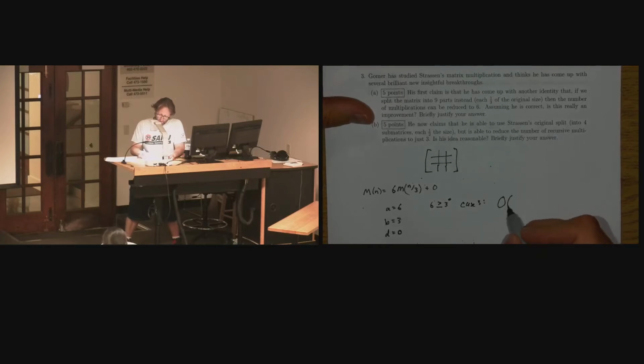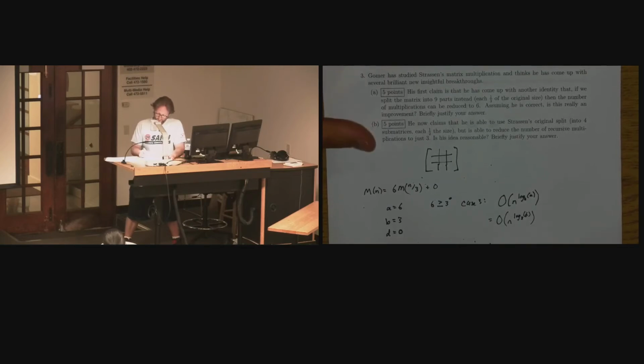And we've got that it is order n to the log base b of a, which is equal to log base 3 of 6. Log base 3 of 6. Help me out. Order n to the what? 1 point what? 1.6, okay.